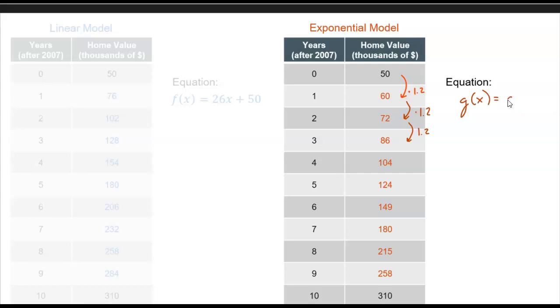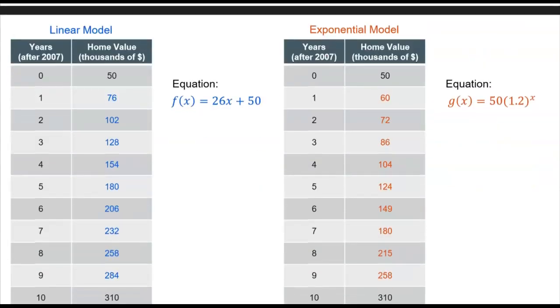This is going to take the form a times b to the x because it's exponential. We know that our geometric sequences are exponential. A is our value at 0. B is our common ratio. So this will be g of x equals 50 times 1.2 to the x. So those are our two models.